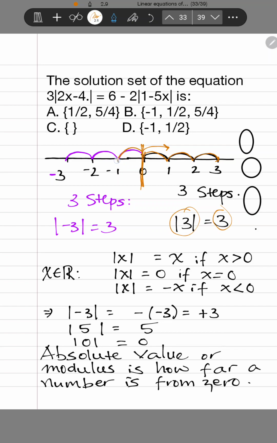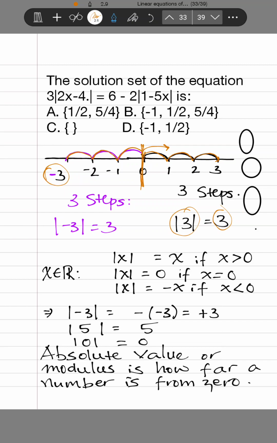When we move to the left side, 1, 2, 3, we reach negative 3. The absolute value of negative 3 is, again, how many steps we covered. That's just 3. So the absolute value of a number or an expression is just the positive part of it, or just a positive number or expression.